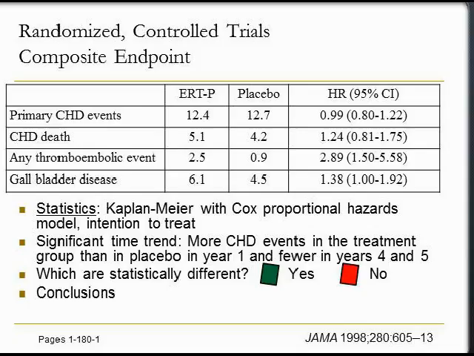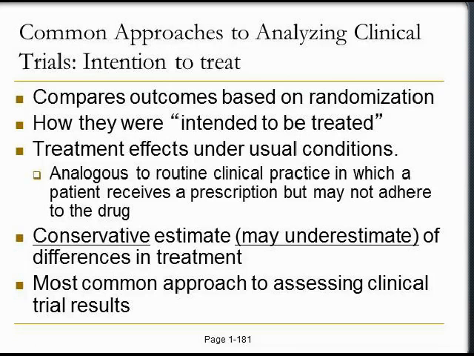What about gallbladder disease? Is that statistically significant? No, but it's pretty darn close, right? The p-value for that comparison would be equal to 0.05. All right, exactly 0.05. Again, a small increase, but not statistically significant.